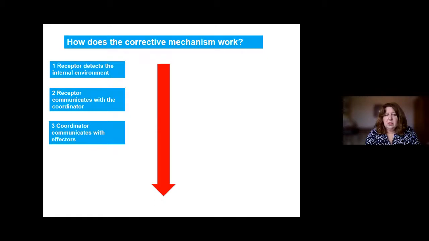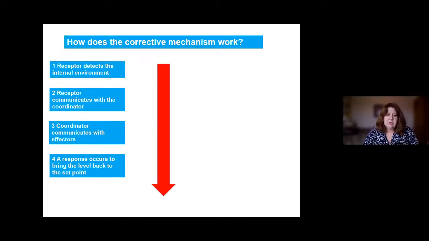Then the coordinator will communicate with effectors. They will be muscles, they will be glands perhaps. Then a response is put in place to bring the level that's gone away from the ideal set value back to that set point. And of course, the corrective response needs to stop there so that we don't have a positive feedback situation.